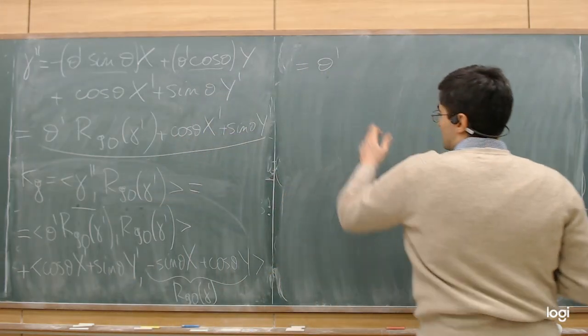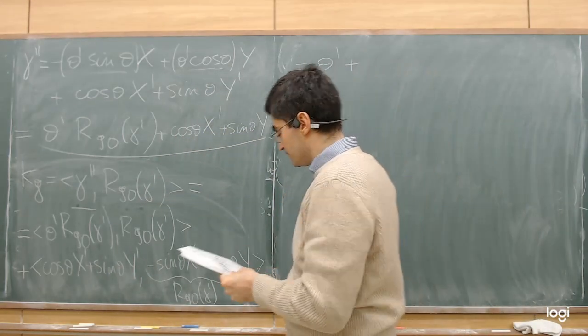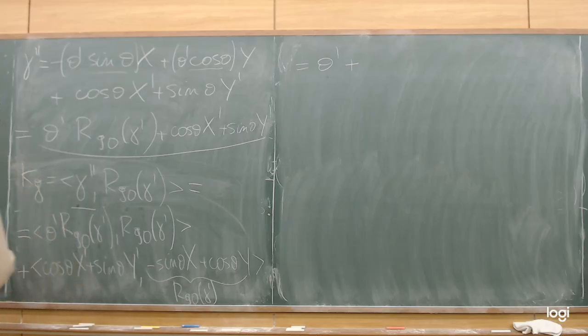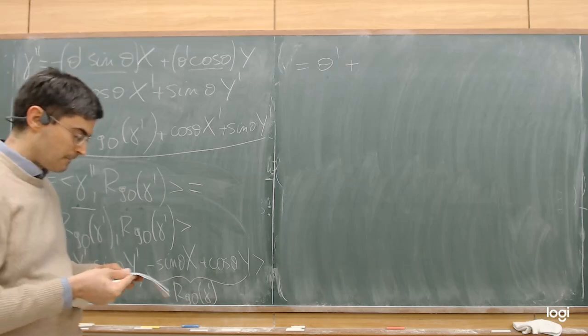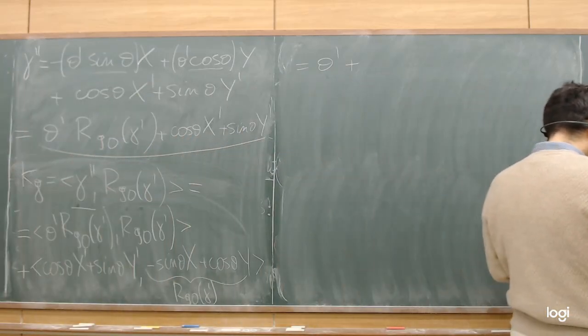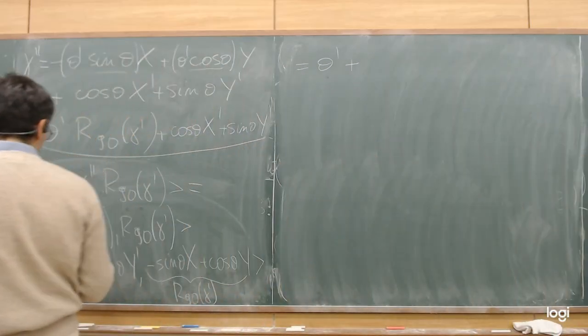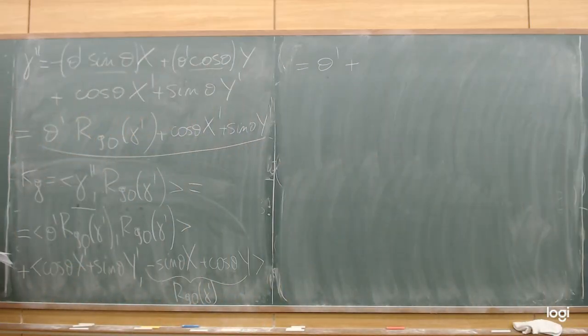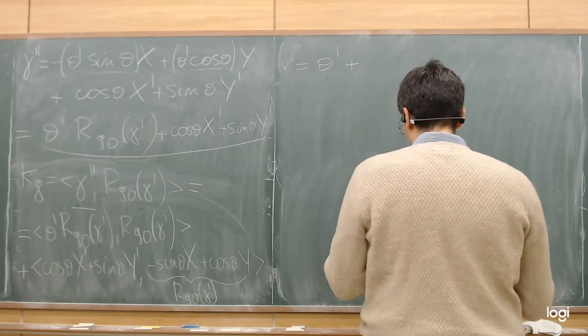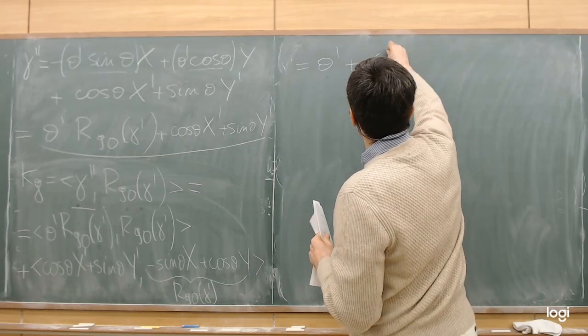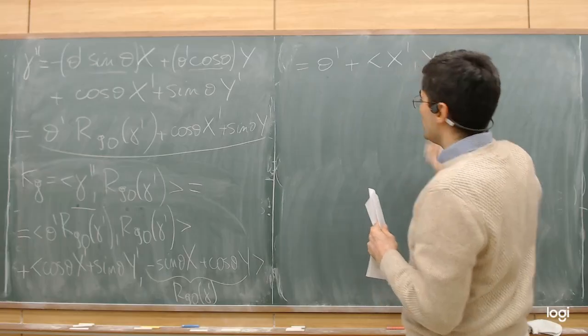So I get theta prime plus, and now I have to multiply this vector and this vector. I just write down the result: x prime y.